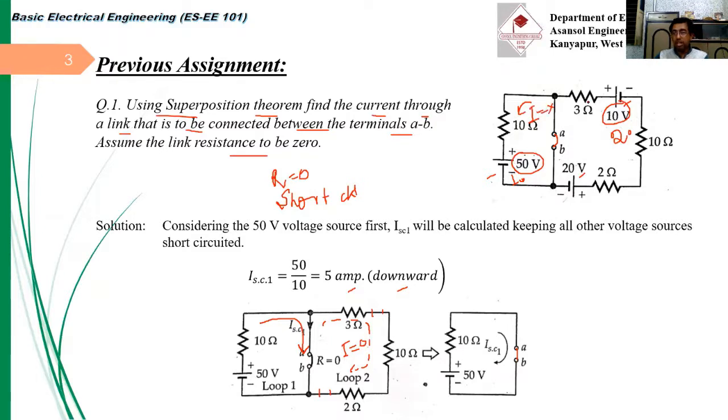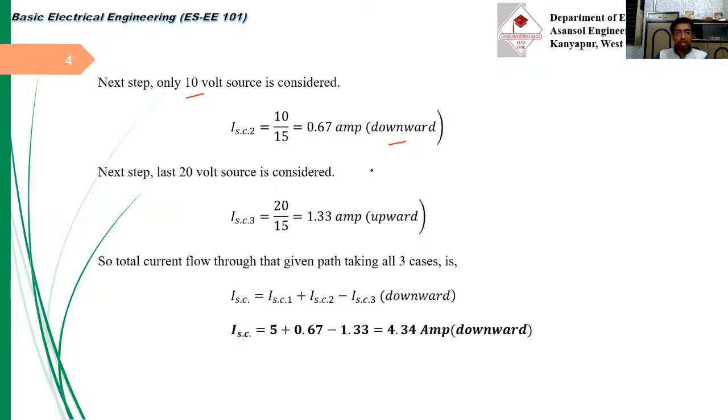That's why this 15 ohm is taken. Clear? So this 20 volt source is taken at that time. The current is 1.33 ampere, but in upward direction. Either you show it like this, downward direction, and this one upward direction, or you can write it. Both are simultaneously correct.